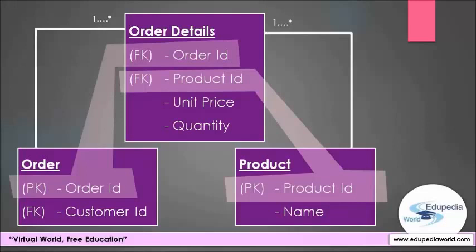Each order can have more than one line item, but each line item is connected to only one order. The products table and the order details table have a one-to-many relationship. Each product can have many line items associated with it, but each line item refers to only one product. From the order details table, you can determine all of the products on a particular order. You can also determine all of the orders for a particular product.